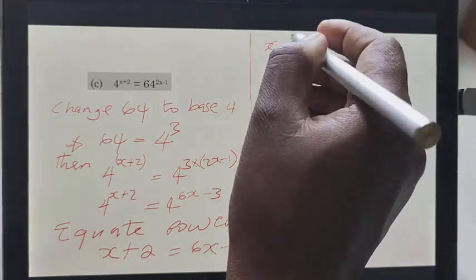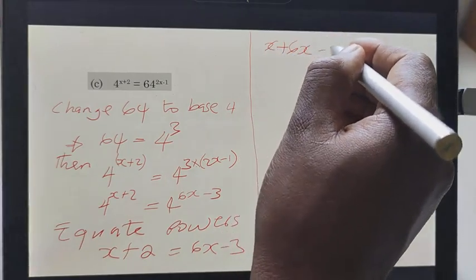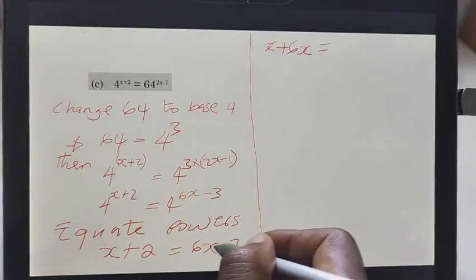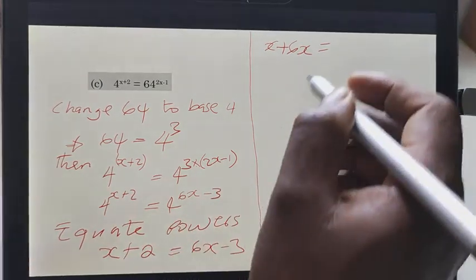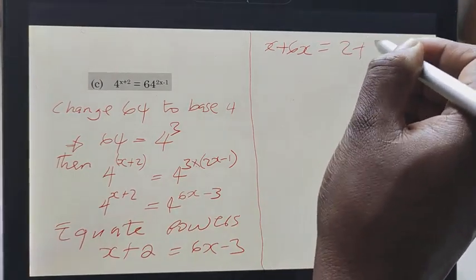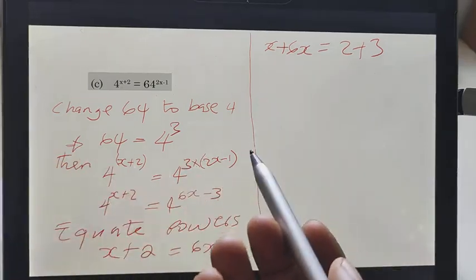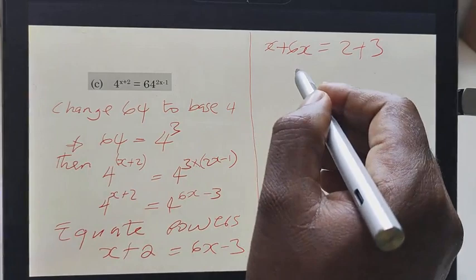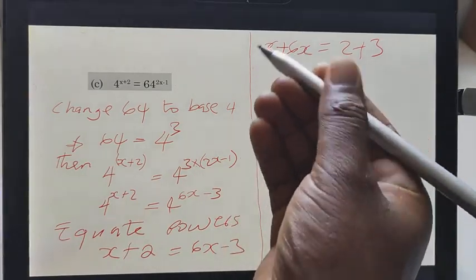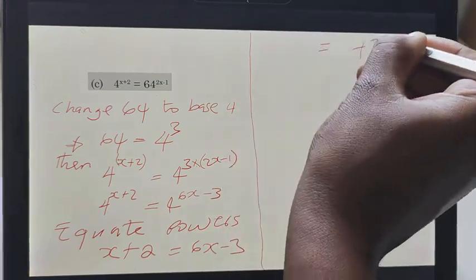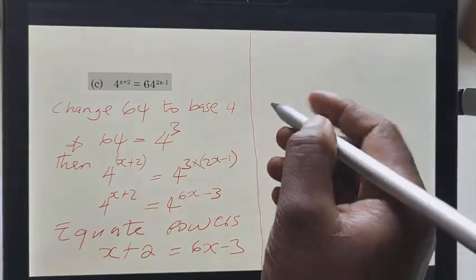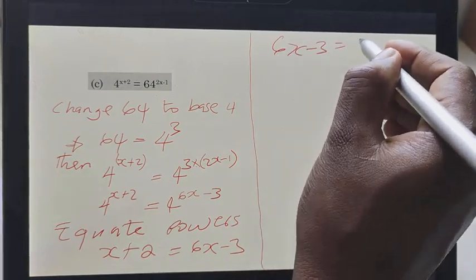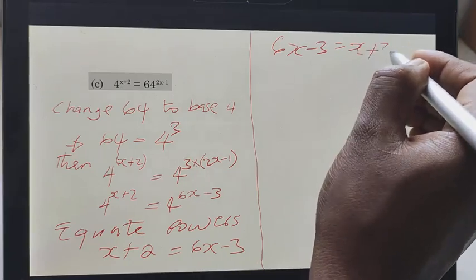Let's put it as 6x minus 3 to be equal to x plus 2.